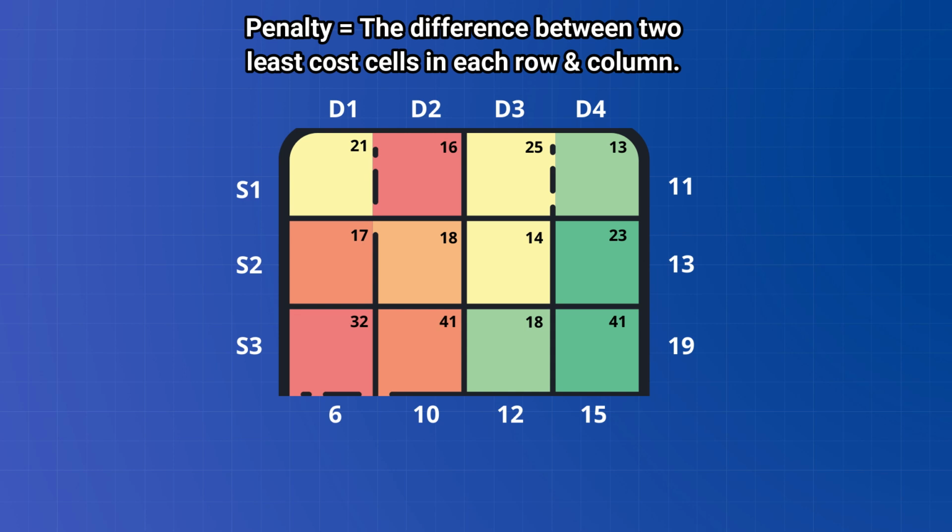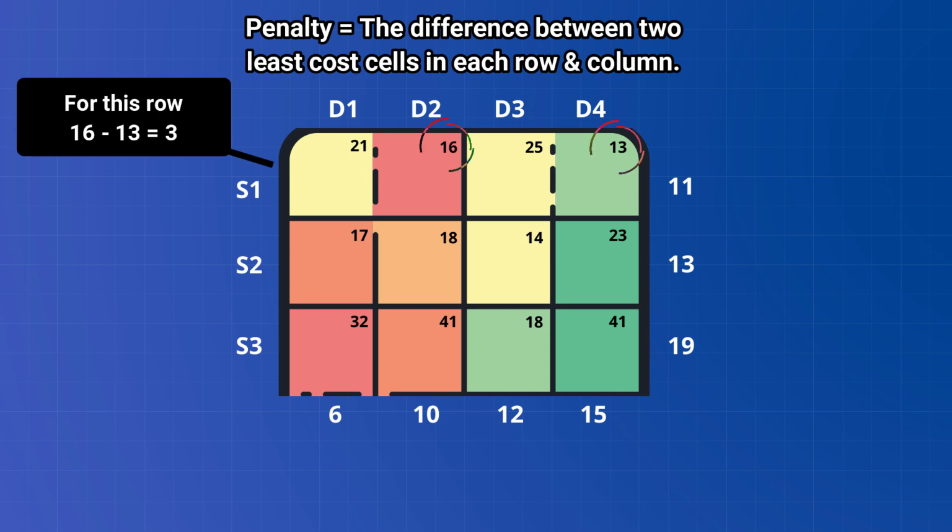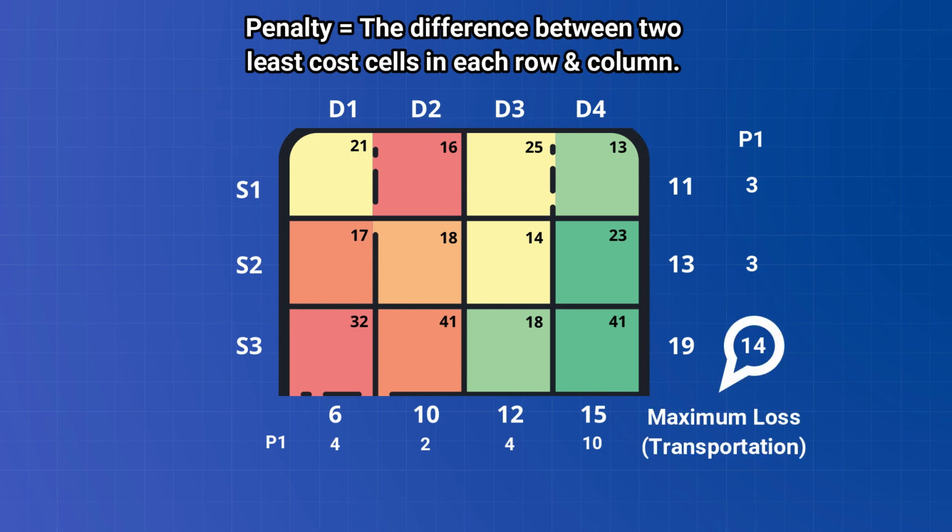Consider each row of the cost matrix individually and find the difference between the two least cost cells. After we write them down in a new column and row, namely P1, we will find out the maximum loss in the system. Now this penalty indicates the loss due to the transportation system. So the maximum penalty column or row would be allocated first.